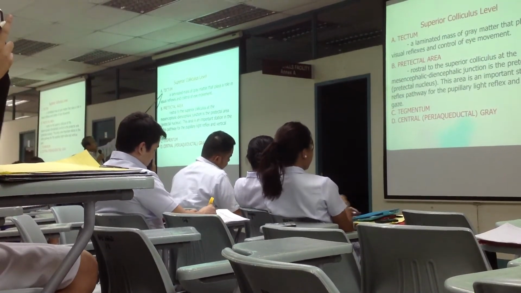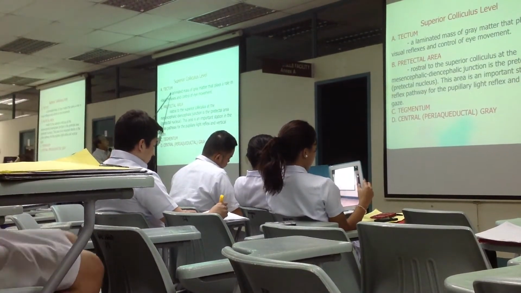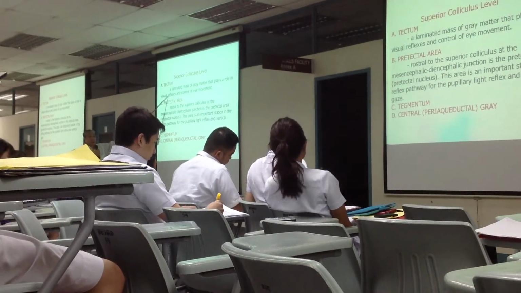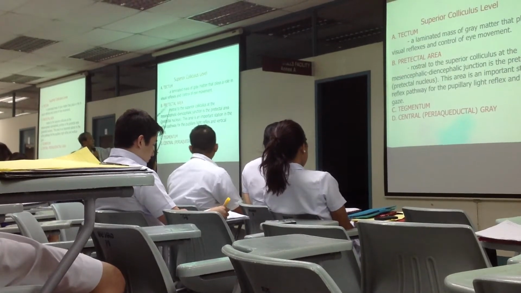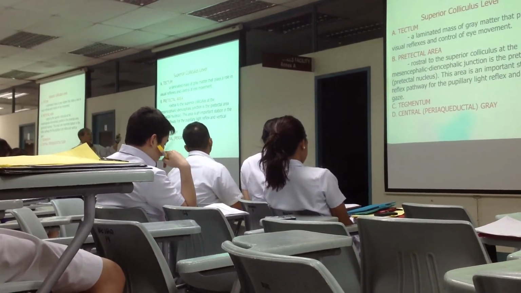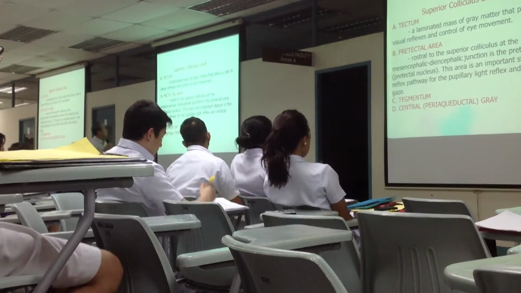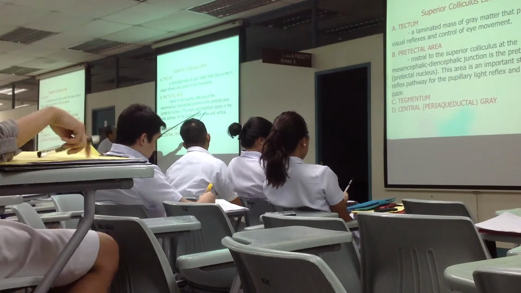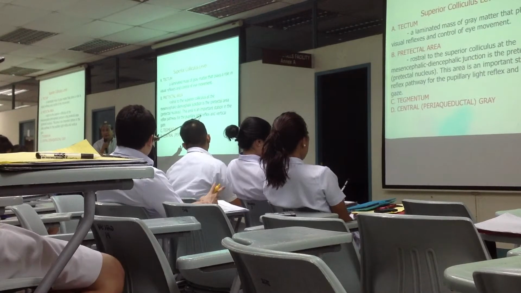Superior colliculus, tectum, pretectal area, tegmentum, and central periaqueductal gray. The tectum is laminated. I've mentioned this already. Okay? Pretectal area, which is just dorsal or superior at the rostral of your superior colliculus. In the midbrain, these are important stations for the reflex pathway for pupillary light reflex.